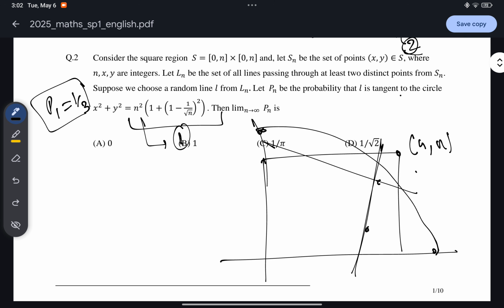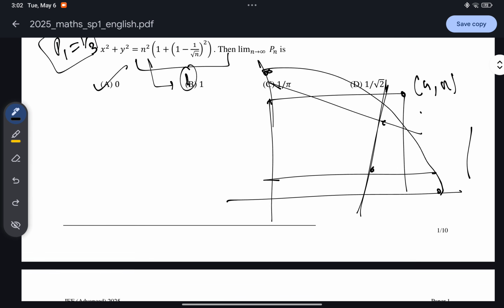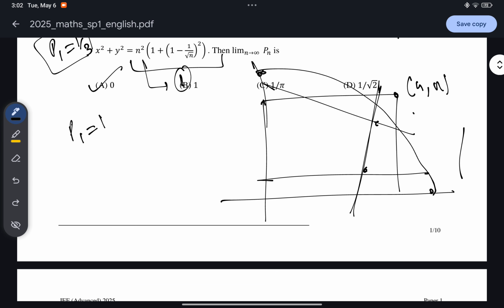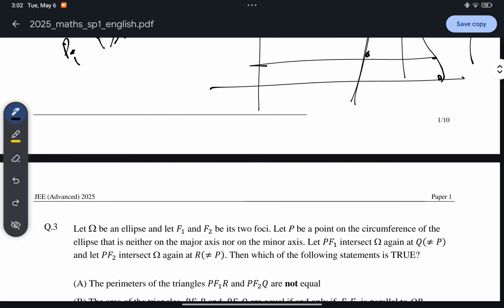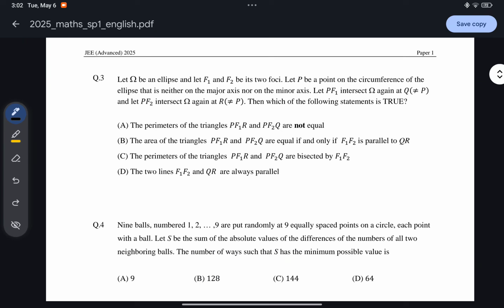All of them are going to fall in and make chords, so we are not going to get a tangent. So the probability as n tends to infinity, p1 is equal to 1 by 3, but p for i such that i is greater than or equal to 2, we would have 0. It's just not going to be 1.